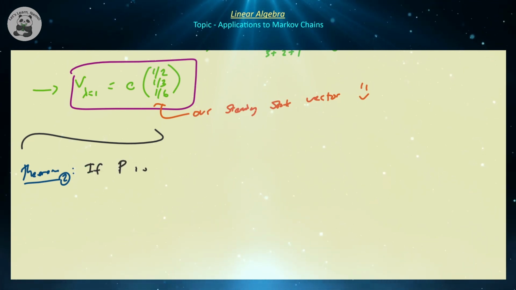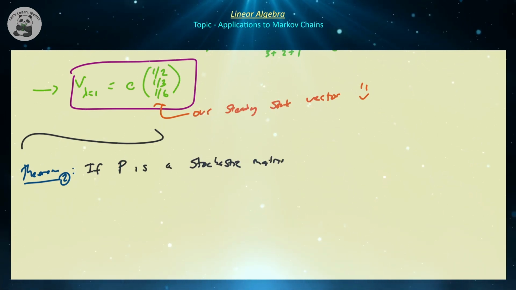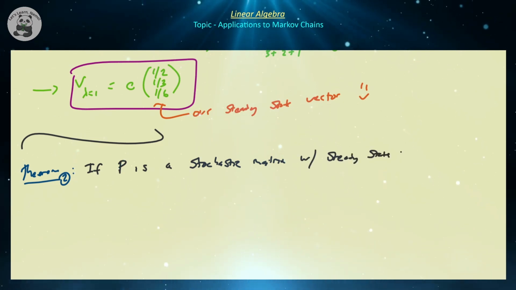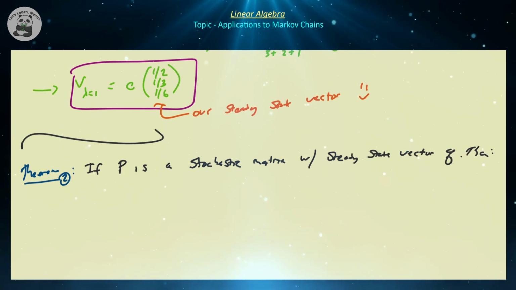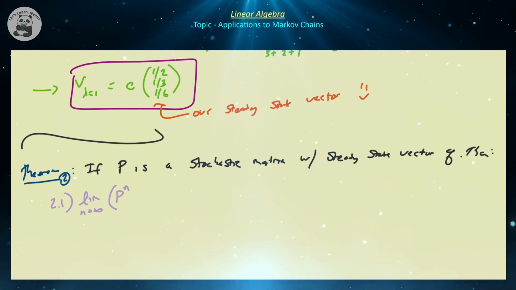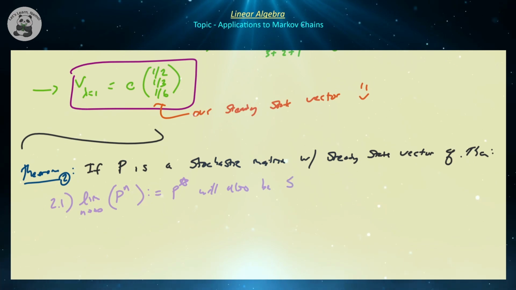So let's assume that P is a stochastic matrix, and let's assume it has a steady state vector whose name is Q. Then all the following are also true. The first property that you definitely should know is that the limit as n goes to infinity of P^n, which I'm going to denote as P star, will also be a stochastic matrix.